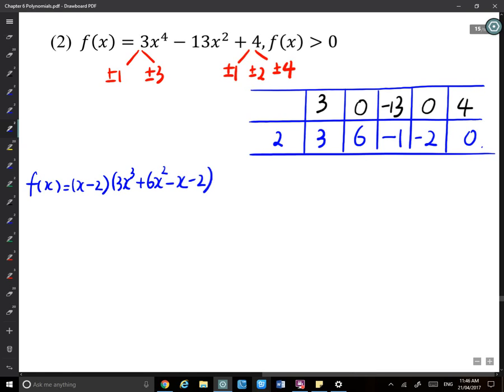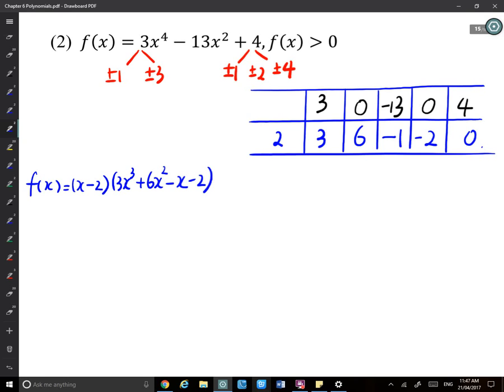Okay, that's what has been left, and that's a cubic equation. You need to further factorize it until you find another linear factor, until it's a quadratic, right? You need to keep going on.